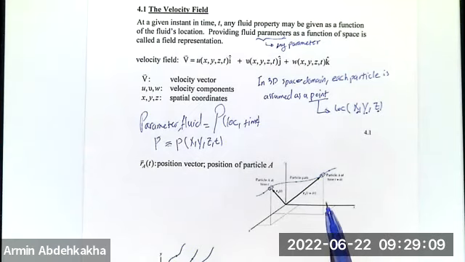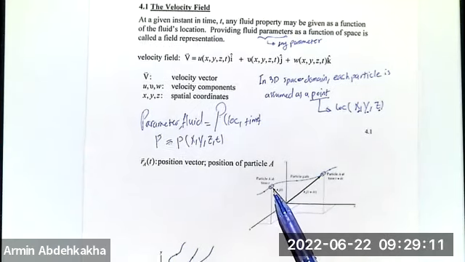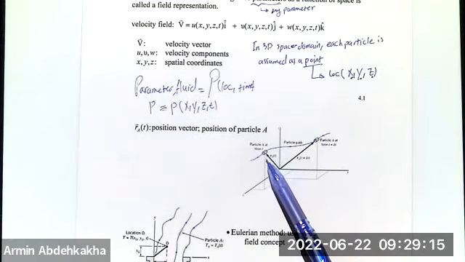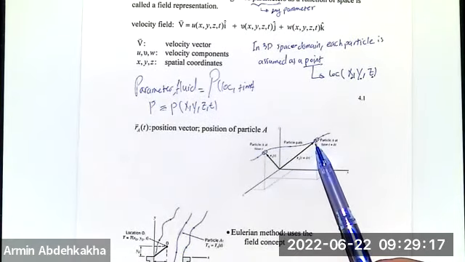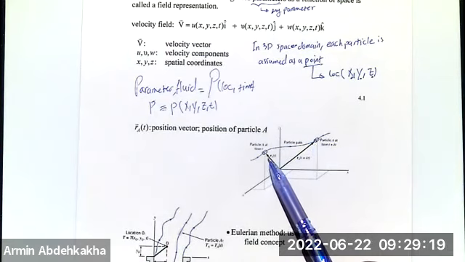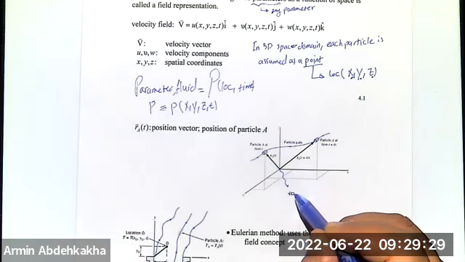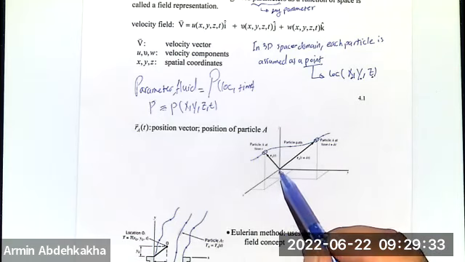So let's assume that you have a fluid particle that moves from this point to this, right? The location of this particle depends on where you decide your reference point is. So that's the reference point.